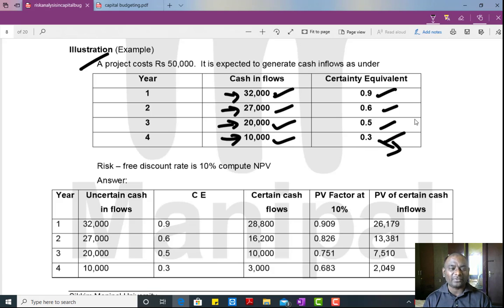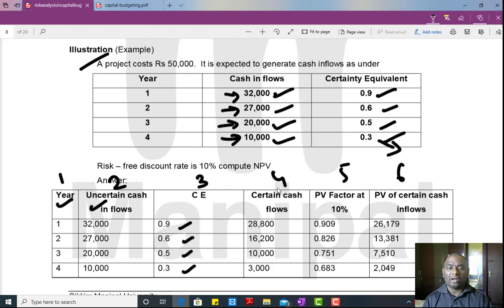Now the certainty cash flow, how will you get it? You take column 1, years 1, 2, 3, 4. Column 2, your uncertain cash flow, that is your 32,000, 27,000, 20,000 and 10,000. Column 3, your certainty equivalent factor or the probability factor: 0.9, 0.6, 0.5, 0.3. Columns 1, 2, 3 are given in the problem. All you need to do is work out 4, 5, 6.